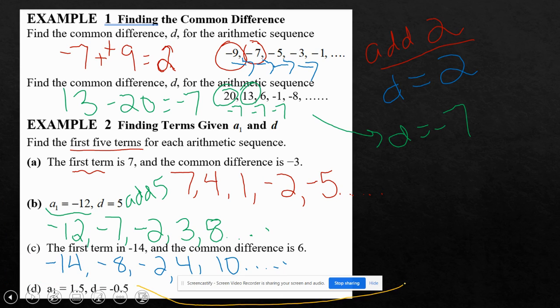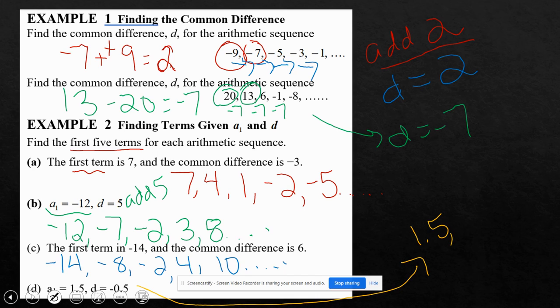So I'm going to do letter D over here. In letter D, they're telling us that our first term is 1.5, or the first number in our list, in our sequence. And then to move our rule, our common difference is -0.5. So that means we're subtracting 1/2 or 0.5 every single time.